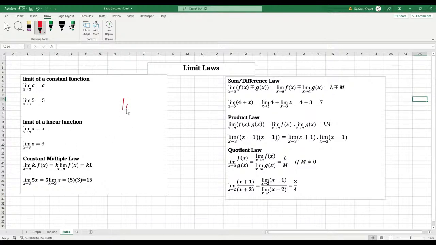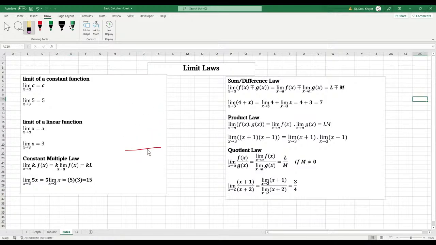Example: the limit of x approaching 3 of x, you just substitute, it will give you 3 also. This is the function of a straight line with 45 degrees. If this is 3, it will give you 3 also.